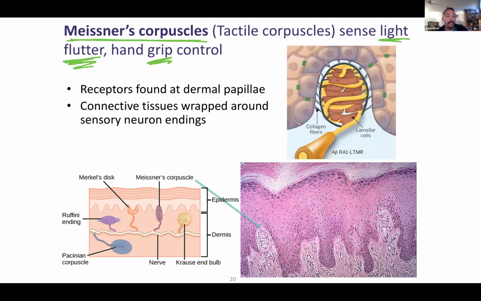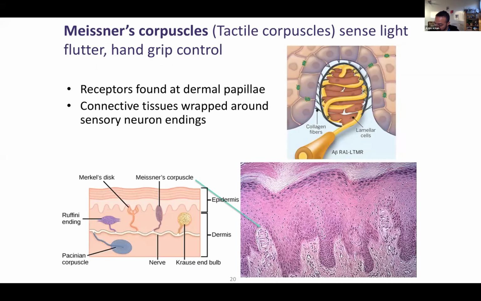The Merkel cell was a single neuroepithelial cell. A Meissner's corpuscle is a little more complex than that. Let's take a look at the histology down here. This funny looking thing is a Meissner's corpuscle. Here too, this is a Meissner's corpuscle.